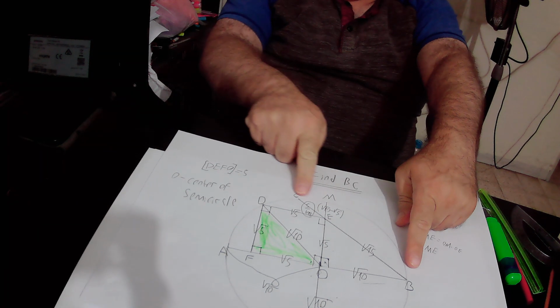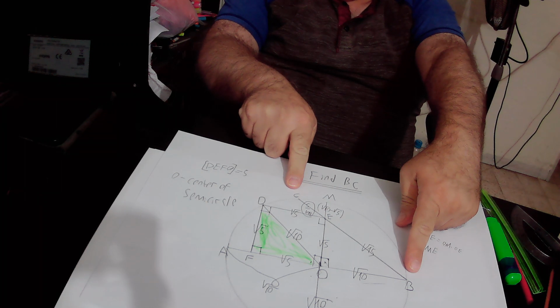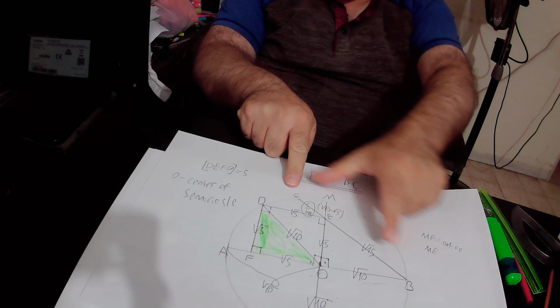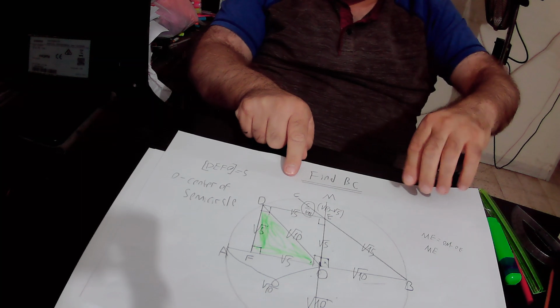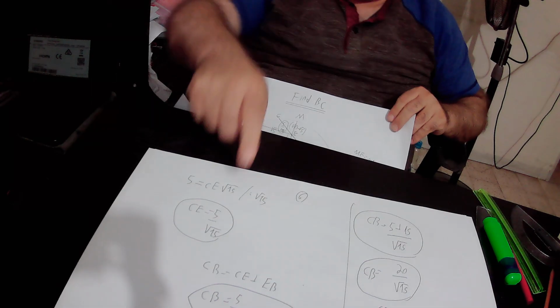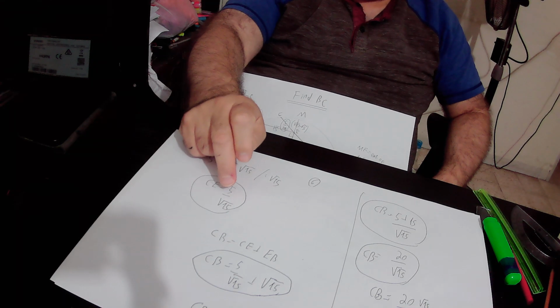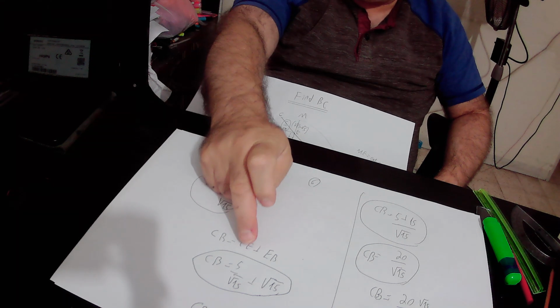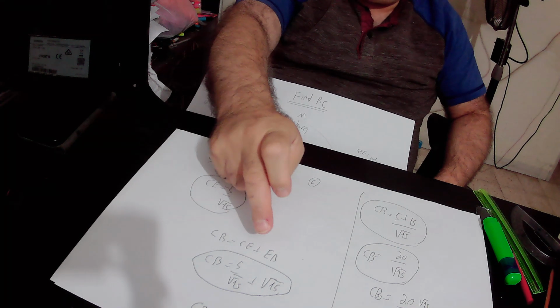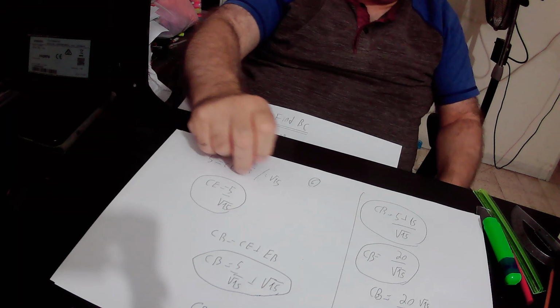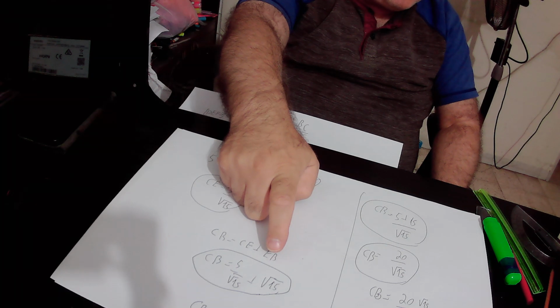We are looking for the length of chord CB. From the drawing, it is very easy to see that CB equals CE plus EB. That is to say, CB equals CE, that is 5 over square root of 15, plus EB, that is square root of 15. Here we multiplied square root of 15 by square root of 15, then divided by square root of 15.